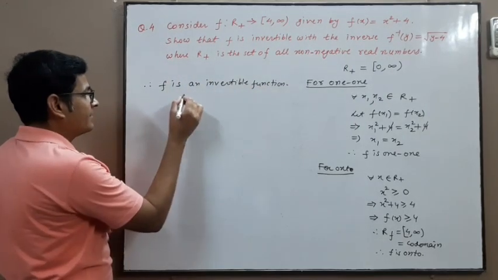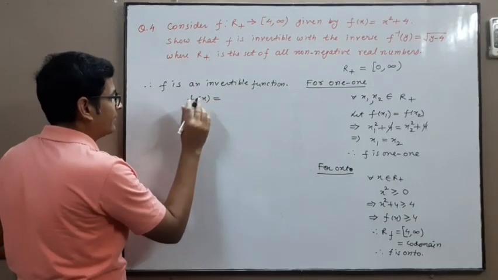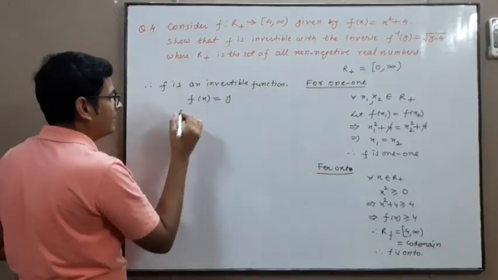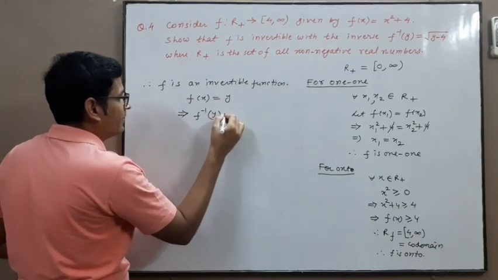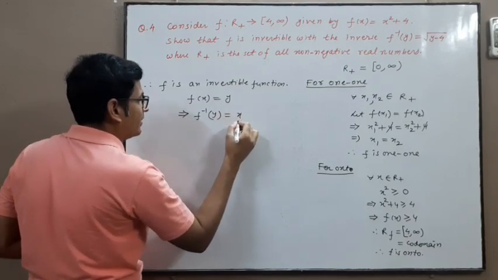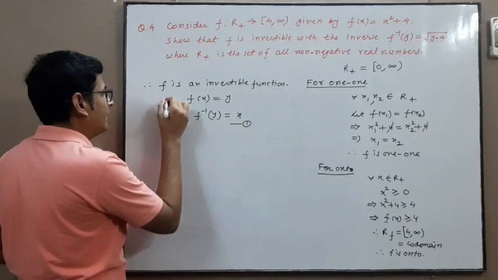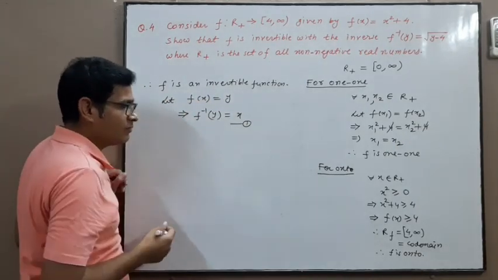f is an invertible function, therefore by definition image of x under f equal to y implies pre-image of y is equal to x. Give equation number 1. Or here write: let f(x) equal to y, then f inverse y equal to x.